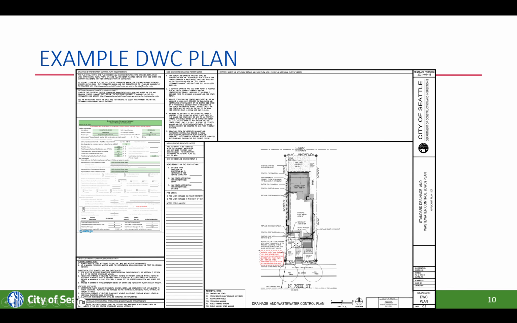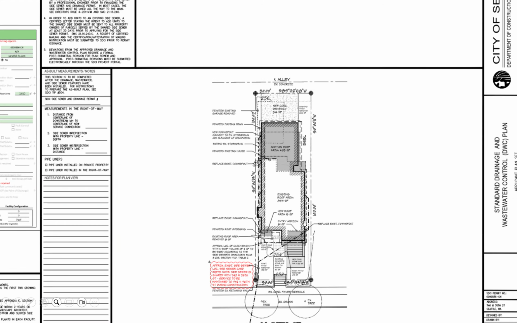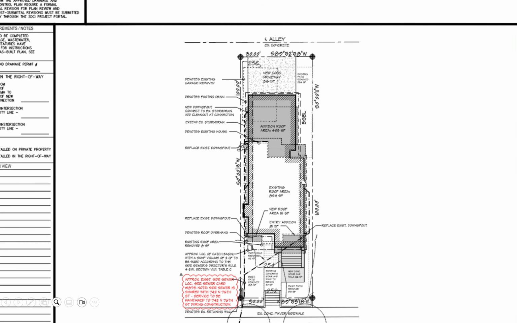The other plan that's required is the drainage and wastewater control plan. This is where you show all the permanent control. This particular project is an existing house with an addition on the back, and also they're going to propose a concrete driveway.